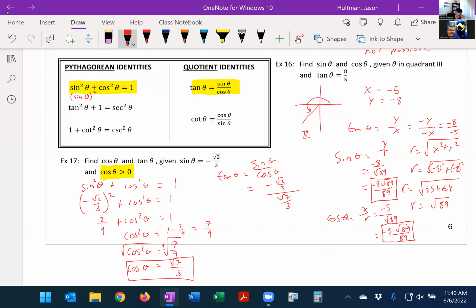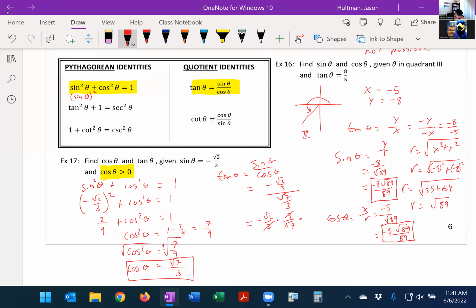Sine theta, they told us, was negative radical 2 over 3, all over cosine theta, which is radical 7 over 3. And then again, when I divide by a fraction, I multiply by the reciprocal. And so this equals negative radical 2 over 3 times 3 over radical 7. The 3's are going to cancel. And I'm left with negative radical 2 over radical 7.